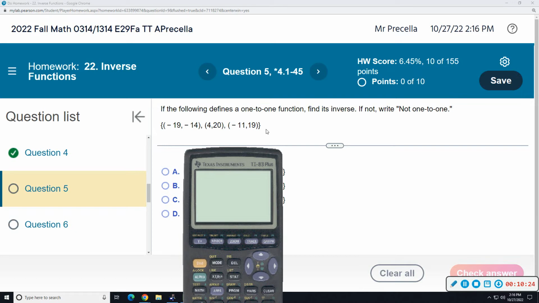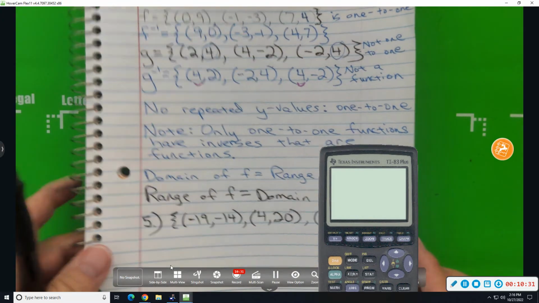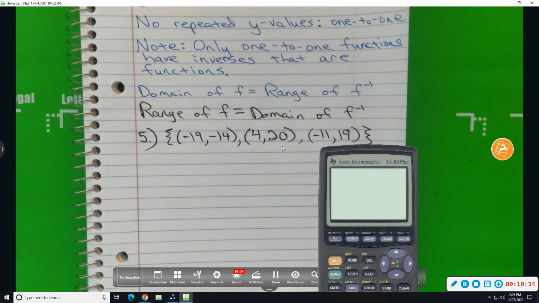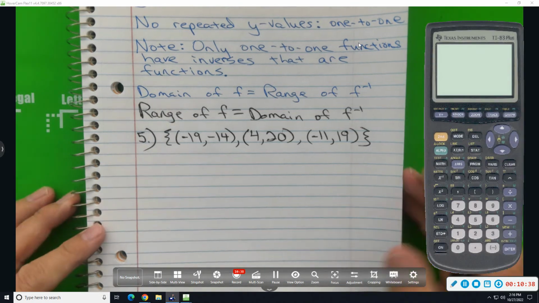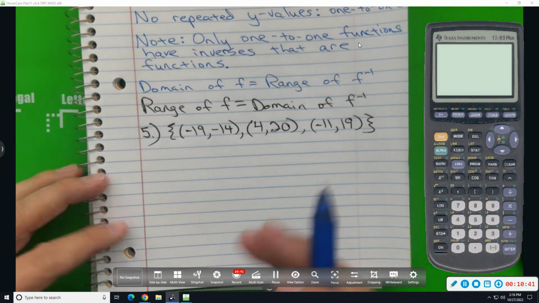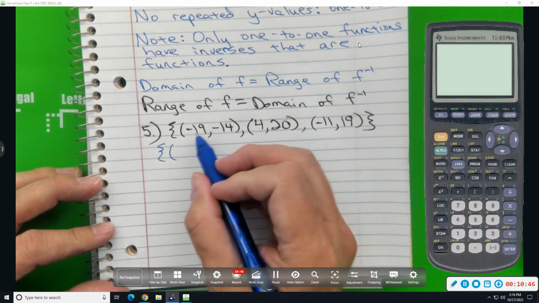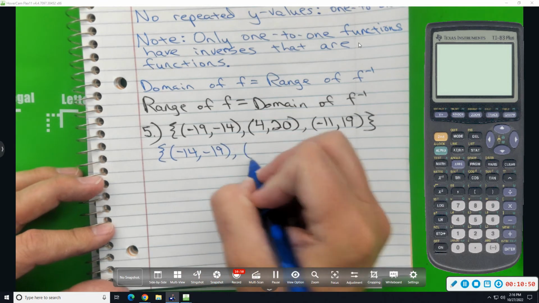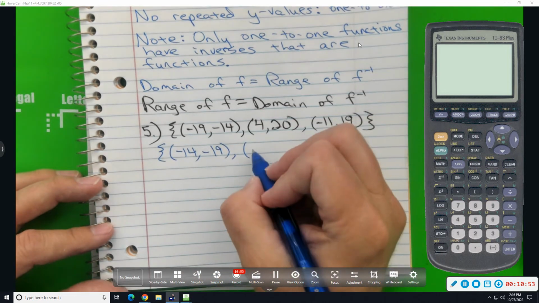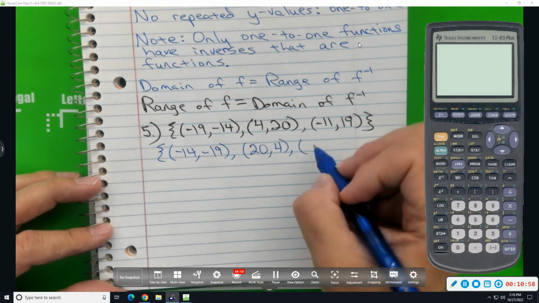So let me switch it over here to what I'm writing there. Let me move this out of the way. Okay, let's find the inverse in blue. Negative 14, negative 19. We're just reversing x and y, so negative 14, comma, negative 19. 20, 4. And 19, negative 11.